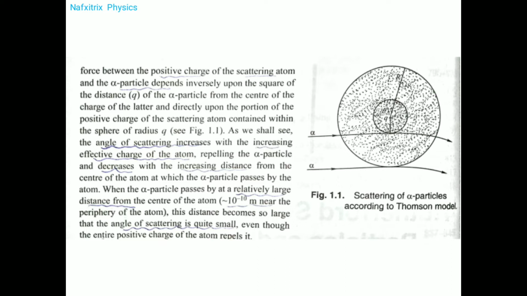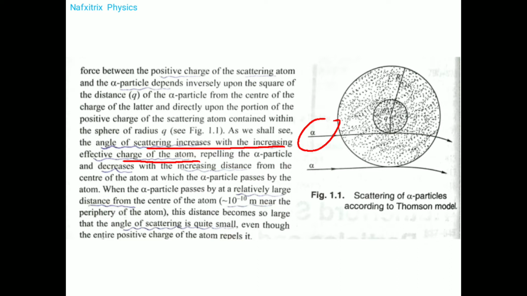Next is that it depends directly upon the portion of positive charge of the atom. As we shall see, the angle of scattering increases with increasing effective charge of the atom. That is, as the effective charge of the atom increases, meaning the charge which is showing effect on the alpha particle, the more the charge, the more the repulsion, repelling the alpha particle.